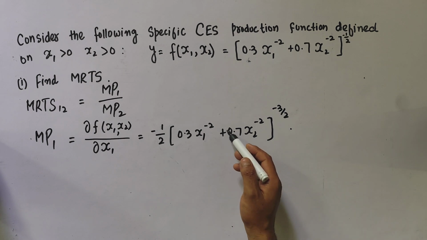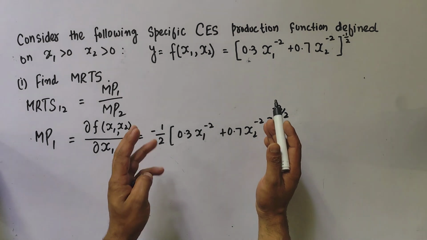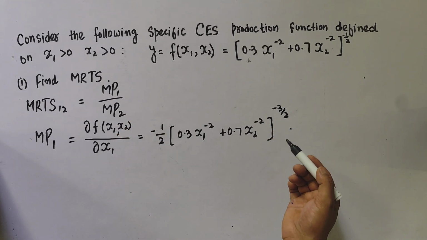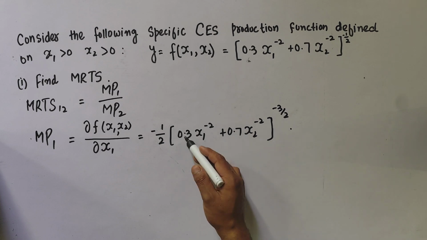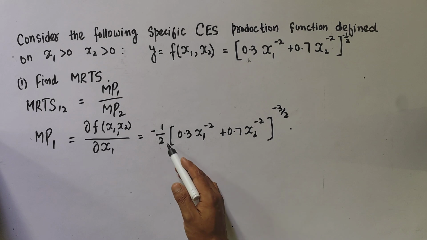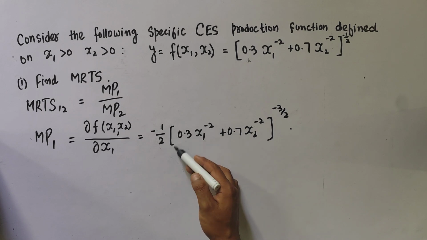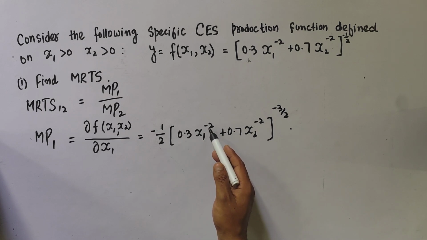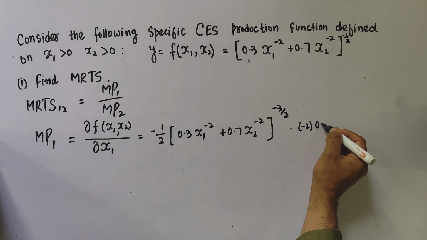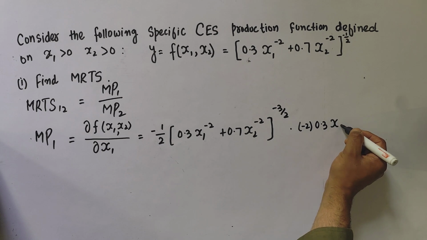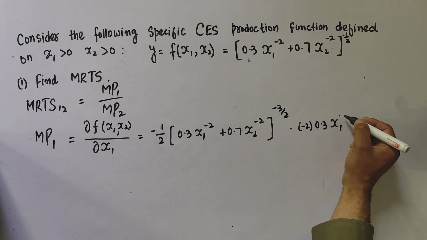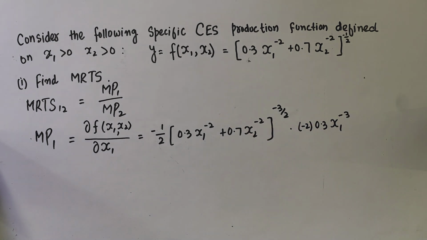Then we multiply it with the partial derivative of the terms in the parenthesis with respect to input x1. The exponent again becomes the coefficient, so we have negative 2, then 0.3 x1, and the exponent is subtracted by 1, giving negative 3, by the power function rule.